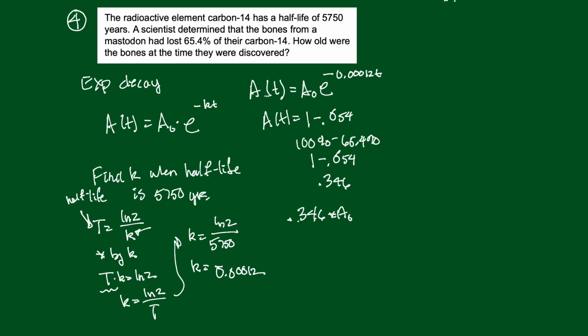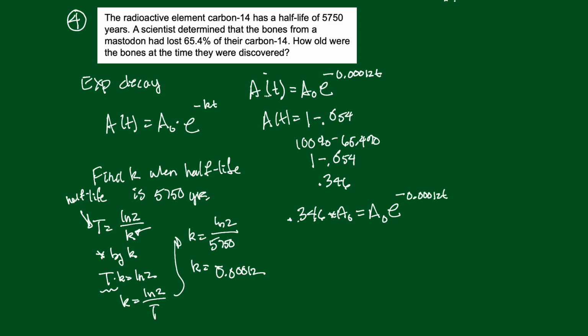So it's 34.6%. See if this makes sense. How much is left? This is the amount right here. The amount is 34.6% of the original amount. So here's what we've got: 0.346 of the original amount is equal to the original amount, e to the negative 0.00012 t.